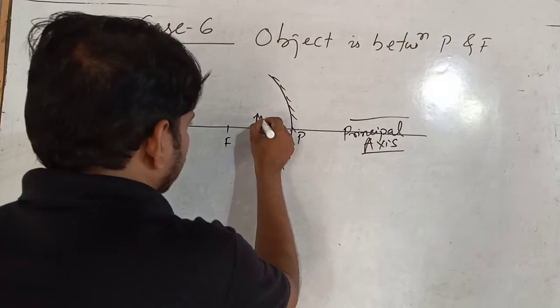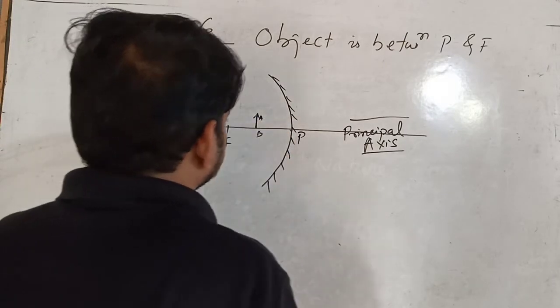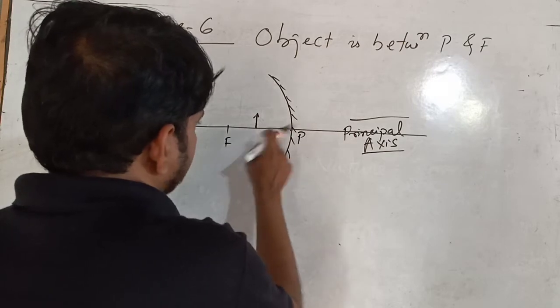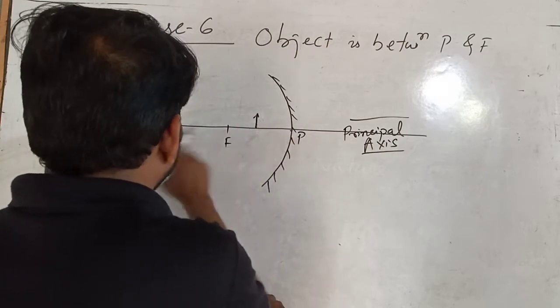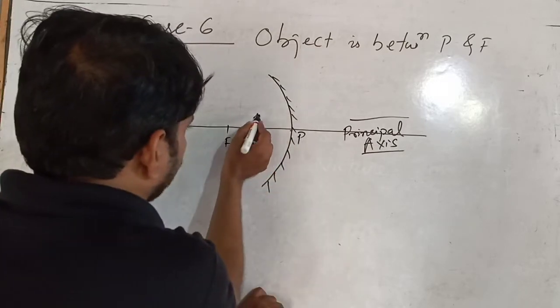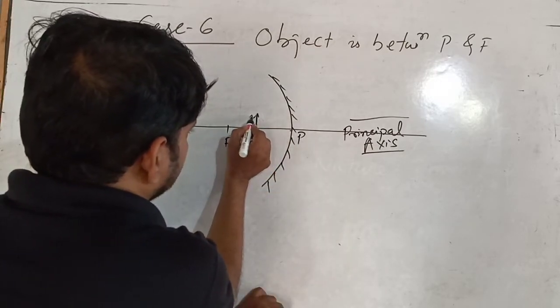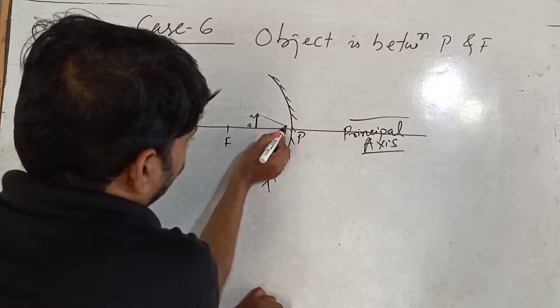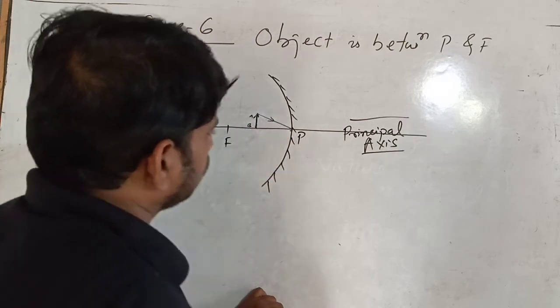So this is AB. In this case, there is no other reference point like C, and A and B are both outside it. So we can take one ray from A and incident it directly on the pole.